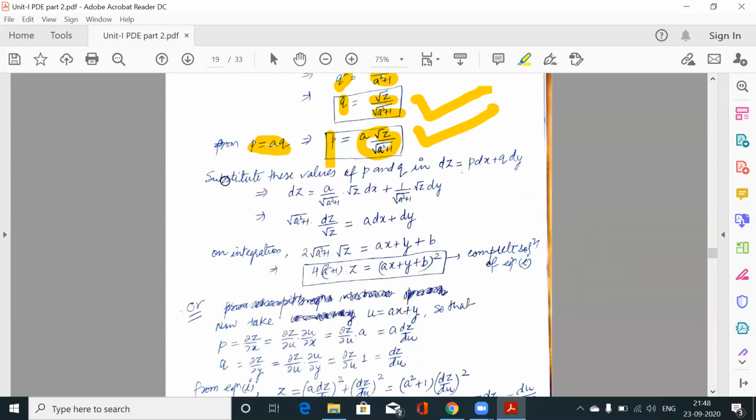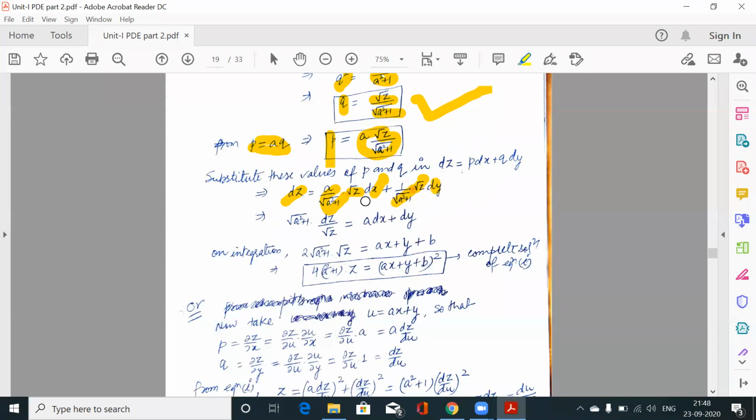So we can substitute these values in dz is equal to p dx plus q dy to get the integration. So dz is equal to, this is p, a by square root of a square plus 1, square root z dx, plus this is q, square root z divided by square root of a square plus 1, dy.